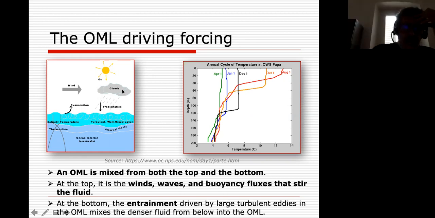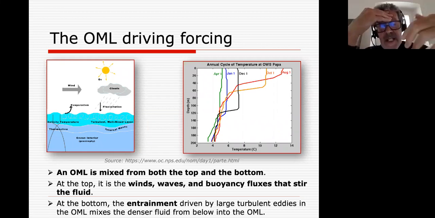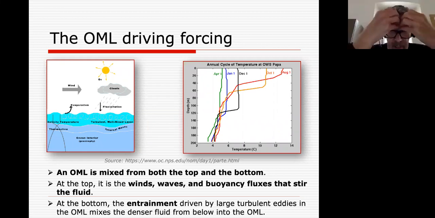And clouds also have an important role in modulating the solar radiation, the shortwave radiation that has the major role in transporting the thermal energy into the upper part of the water column.